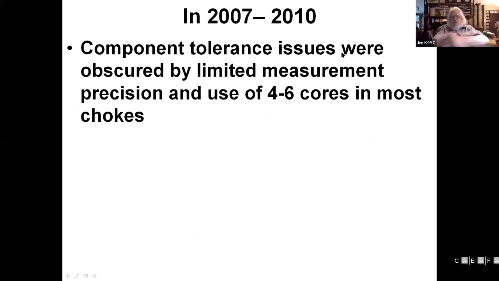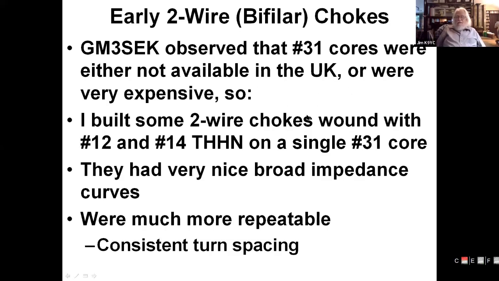Component tolerance issues were obscured by the limited measurement precision and by the use of 4 to 6 cores in most chokes. So one of the things I did was study all of that. I got into the 2-wire line based on a suggestion or a request from GM3SEK, who observed that number 31 cores were either not available in the UK or were very, very expensive.